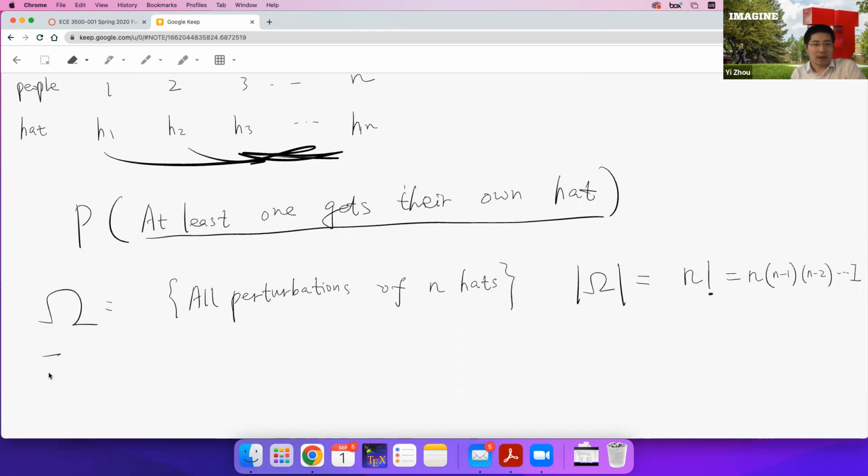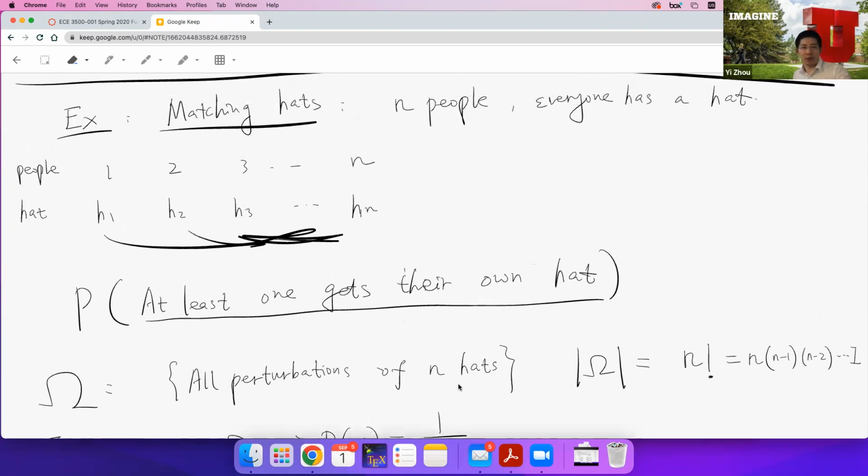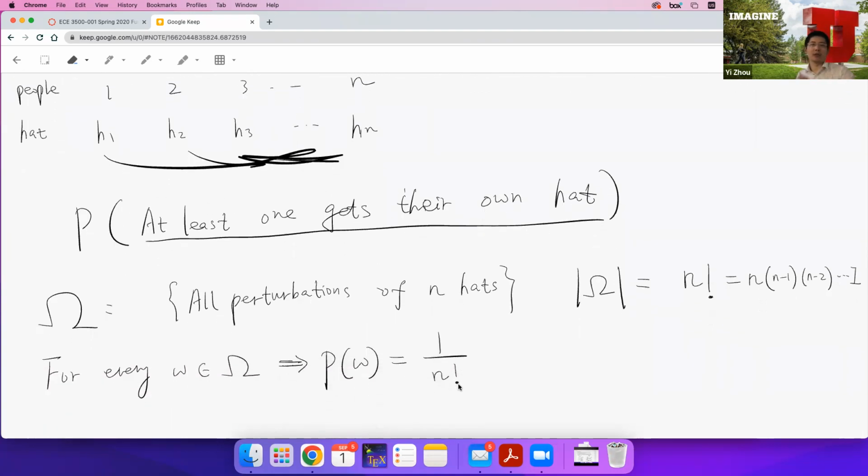And for every possible outcome in this omega, we know that the probability of omega equals 1 over the number of total outcomes, because we are shuffling uniformly.